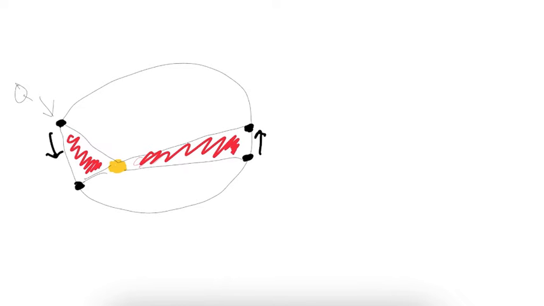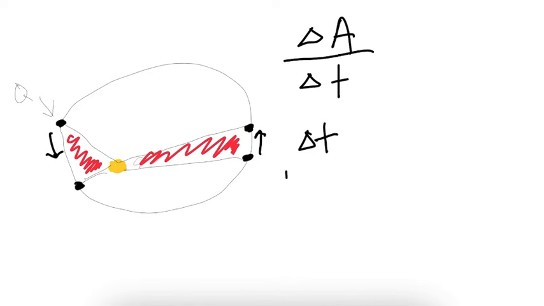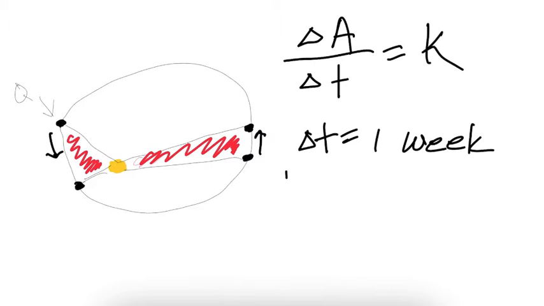And if we call the area swept out delta A, and we divide that by a time interval, delta t, in this case delta t equals 1 week, what we're saying is that delta A divided by delta t is some constant. Let's call it k.